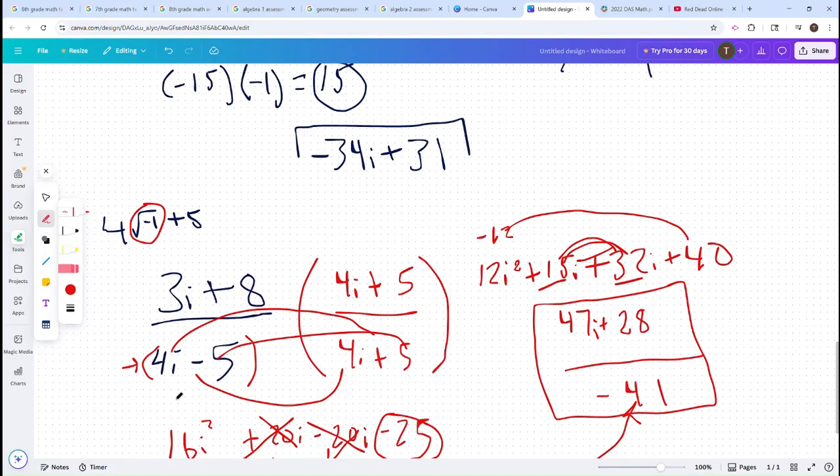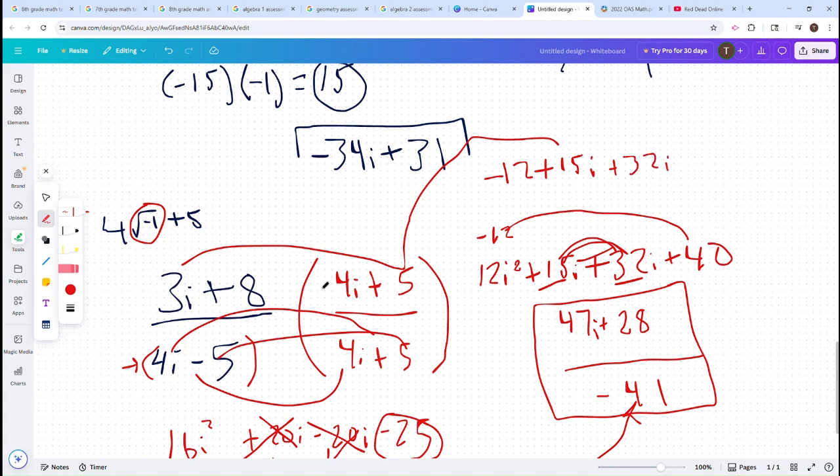Up here we had negative 12 plus 15i. That was 3i times 5. 3i times 5 is 15i. And then we had 32i. That was 8 times 4i. And then we had 8 times 5, which is 40.